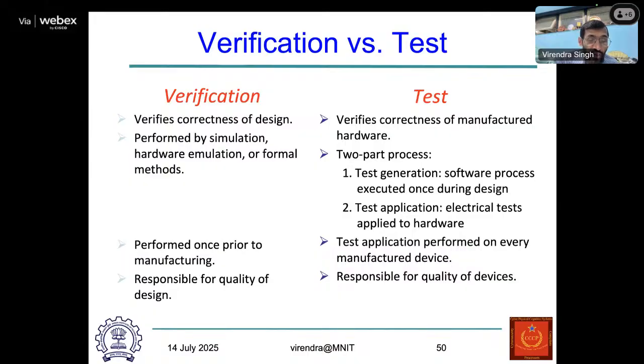Once you verify the design, you send it to the fabrication house, and the fabrication house will fabricate multiple devices. In test, the test has to be applied on each and every manufactured device. So this is the difference. Verification is only once, test has to be applied on each and every manufactured device.